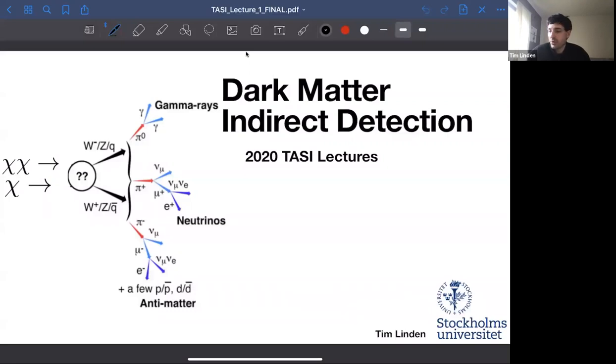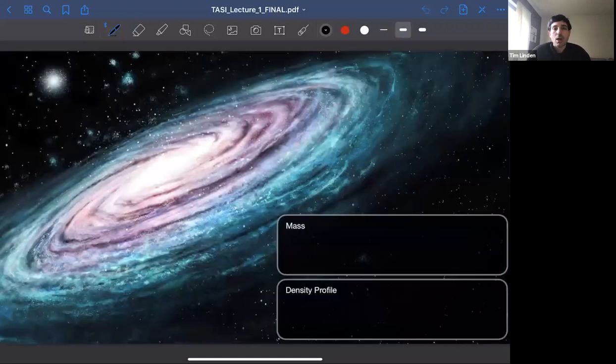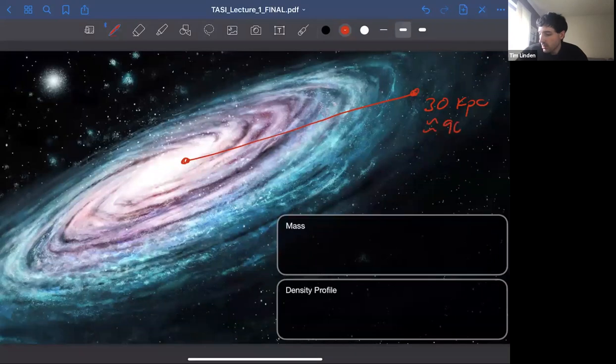So let's start with our view of the galaxy, and let's do a crash course in the astrophysics of our galaxy that might lead us to think that there might be something else out there. This is an artist rendition of a galaxy that looks very much like ours. For some of the scales that are important here, the radius of this galaxy is about 30 kiloparsecs, that is about 90,000 light years.